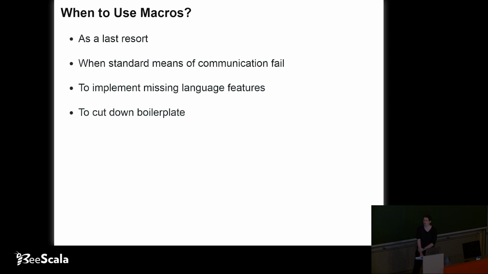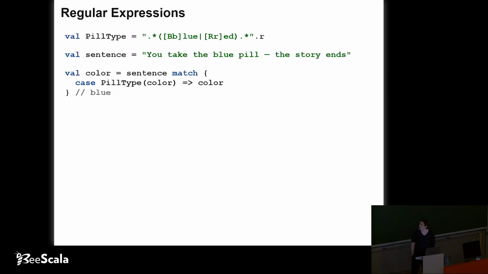Scala has nice support for regular expressions, so we can write a regular expression and pattern match on it, and it's kind of nice. But sadly, if we have mistaken our regular expression, so here I forgot to close the parentheses, what we get is a runtime error saying that, well, we missed something. And it's kind of sad that we can't have this at compile time, since the string literal is quite easy to verify at compilation time.